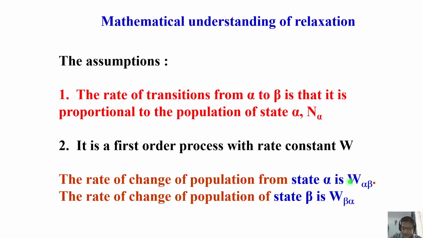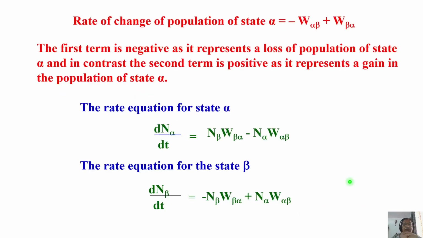Now with these assumptions, let us try to work out the total rate of change of population of the state alpha and beta. How much is the change of population in alpha state? It is given by the equation: alpha is equal to minus W alpha beta plus W beta alpha. What is the meaning of that?